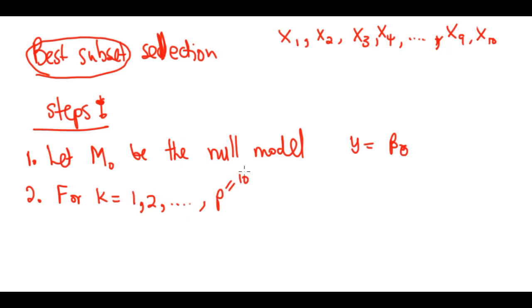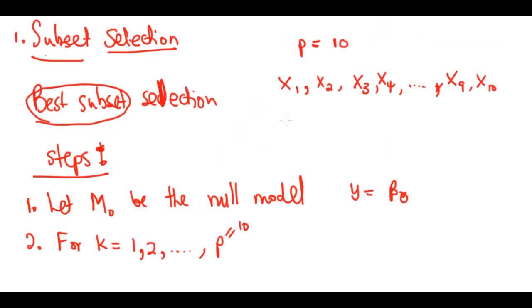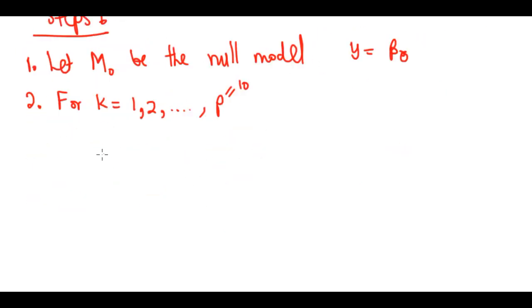So we're saying, not each of these predictors, but just how many predictors we have. We have 10. So for 1 up to 10, what are we going to do? First, you're going to fit all. I'm going to explain this part.